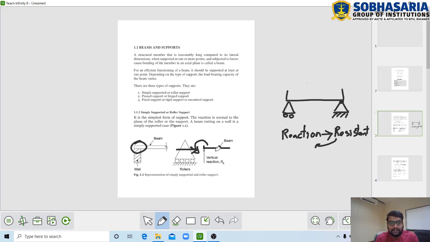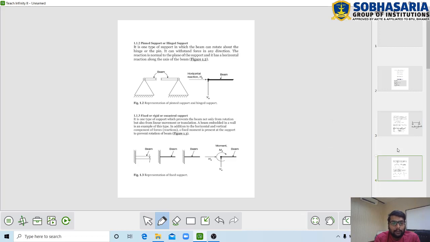So when there is no resistance to the horizontal force, there will be no reaction. So you can see there is no horizontal reaction. Only vertical reaction is shown, meaning this support will not yield vertically. That means it will have only one reaction, that is the vertical reaction.